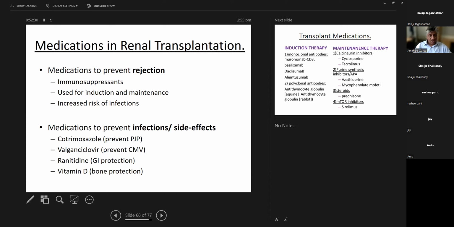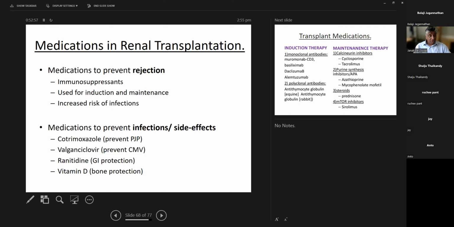So typically, in the old days, you remember that the first 5 or 6 people who got kidney transplants failed because of rejection. And then we used to use high dose steroids and total body irradiation, and people started to survive. And then there was the prednisone azathioprine era, where 50% of kidneys would fail at 1 year.